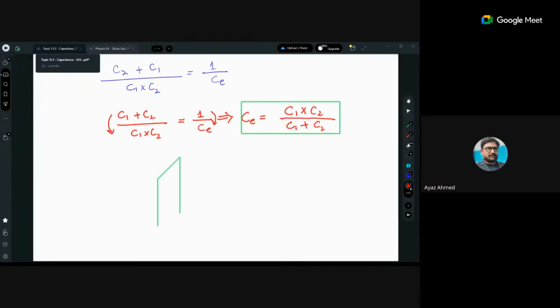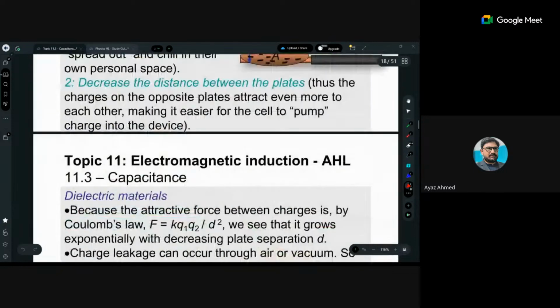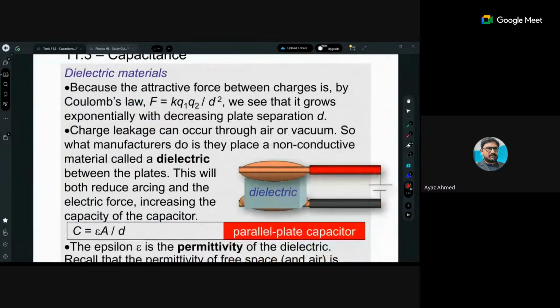So here is the concept of pushing the charges. This is the dielectric material. When we keep the dielectric material in between, dielectric material means any insulator, positive and negative charges accumulate on it.